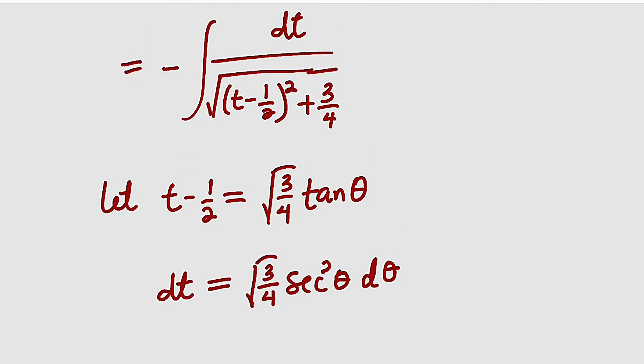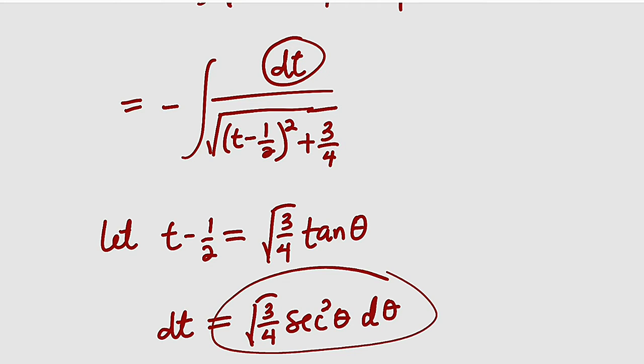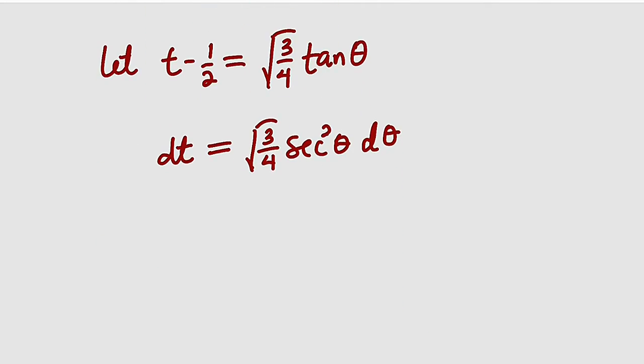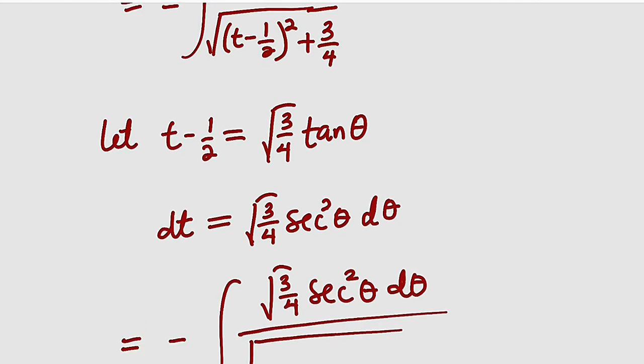Let us back substitute. Already we have dt here, which we are going to replace with the whole of this. So this is equal to negative the integral of the whole of this, the square root of 3 divided by 4 secant squared theta d theta, divided by the square root of what?